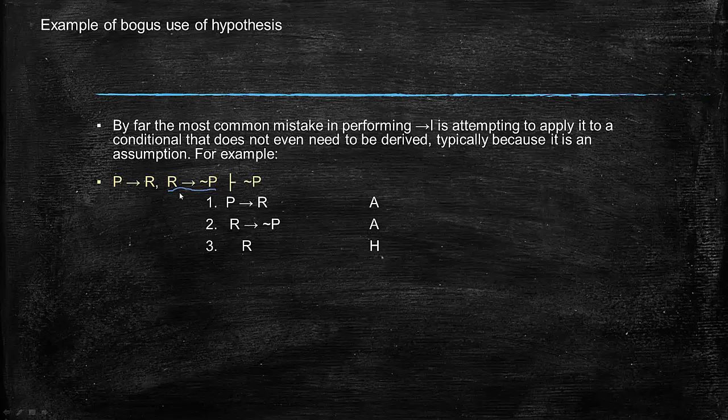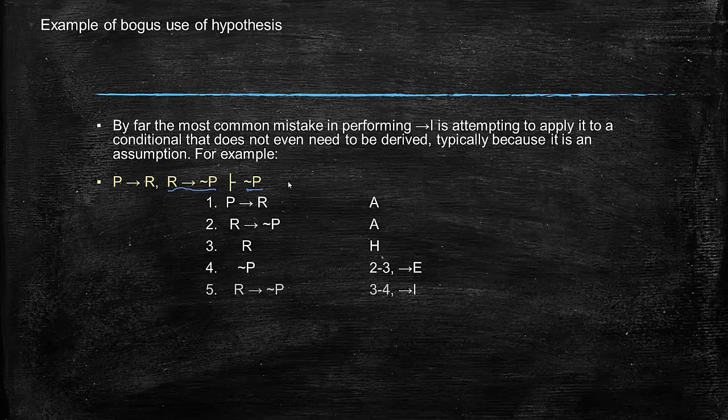And you can see that if you have R, then you would have not P by conditional elimination, right? Which in a kind of confused way, you'd be thinking, and that's after all what I want. So suppose you hypothesize R, and then by conditional elimination, you get not P, which is perfectly legitimate as far as it goes. And then you say, oh, good.